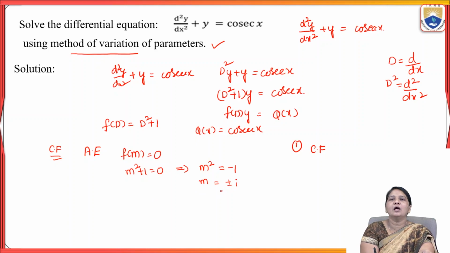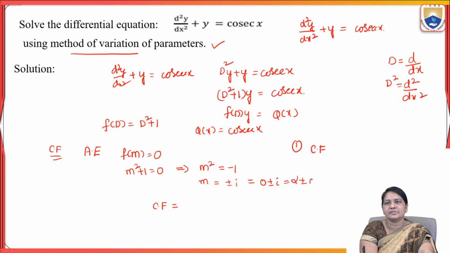Based on the m values, we can write the complementary function. Here I can assume this as 0 plus or minus i, that means this is equal to alpha plus or minus i beta. Alpha value is 0 and beta value is 1. Based on this, the complementary function is e power alpha x into C1 cos beta x plus C2 sin beta x.